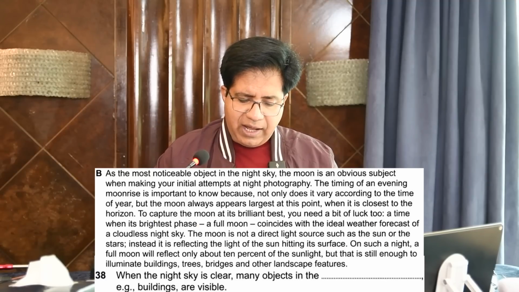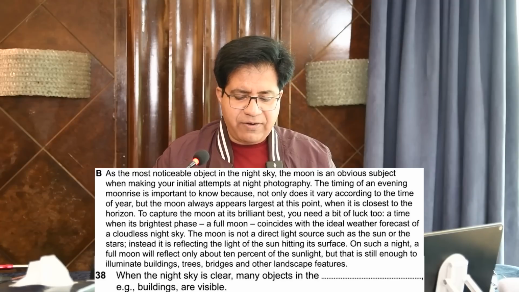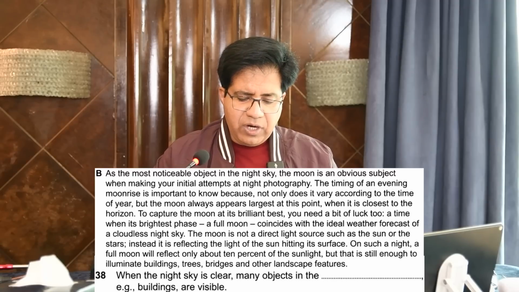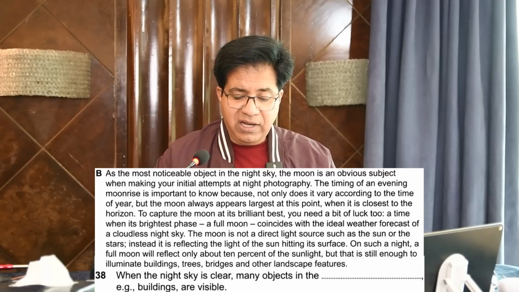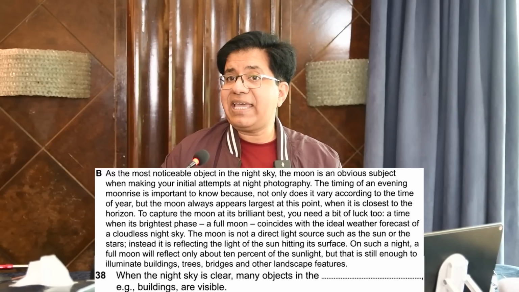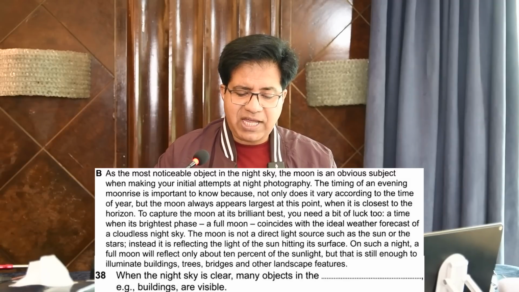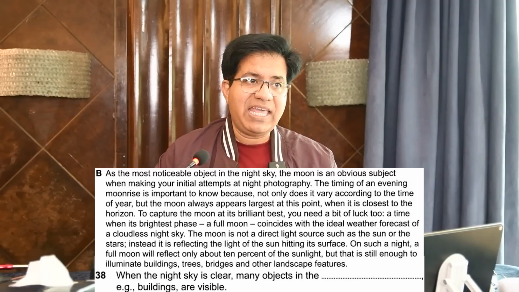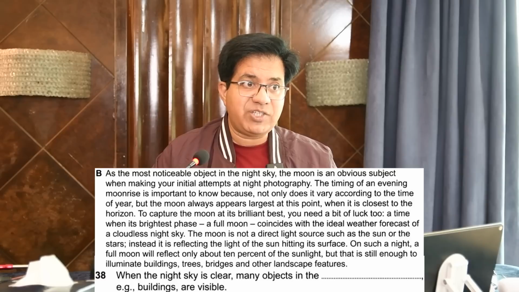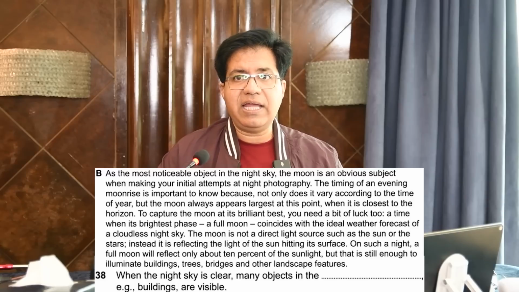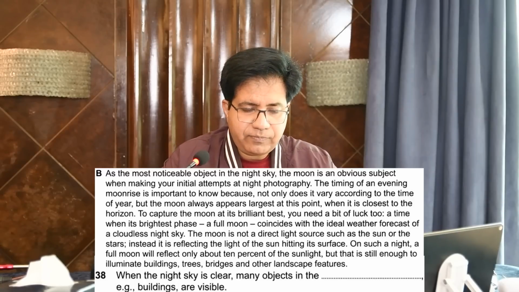On such a night, a full moon will reflect only about 10% of the sunlight, but that is still enough to illuminate buildings, trees, bridges and other landscape features. So what is the answer? Many objects in the landscape. Now you cannot write landscape features because it is one word only. So correct answer is landscape.